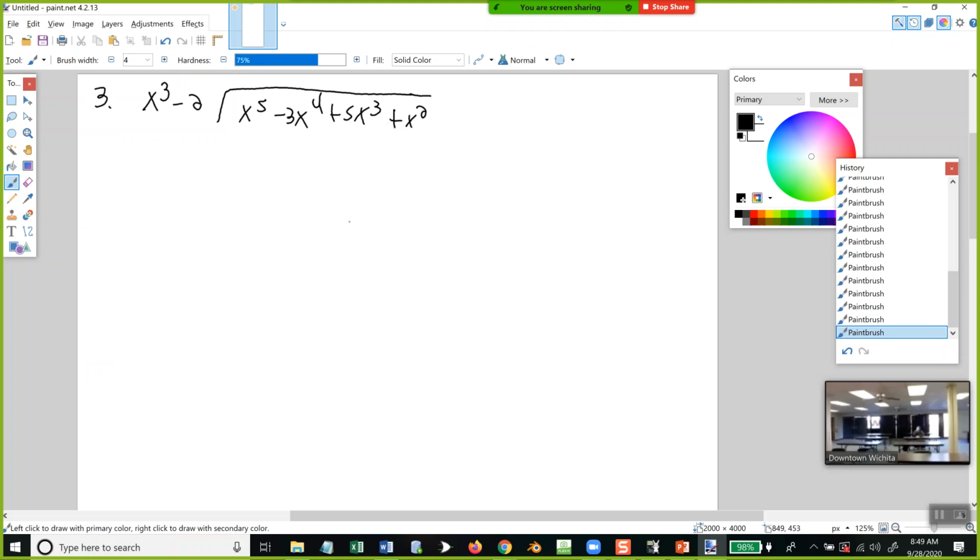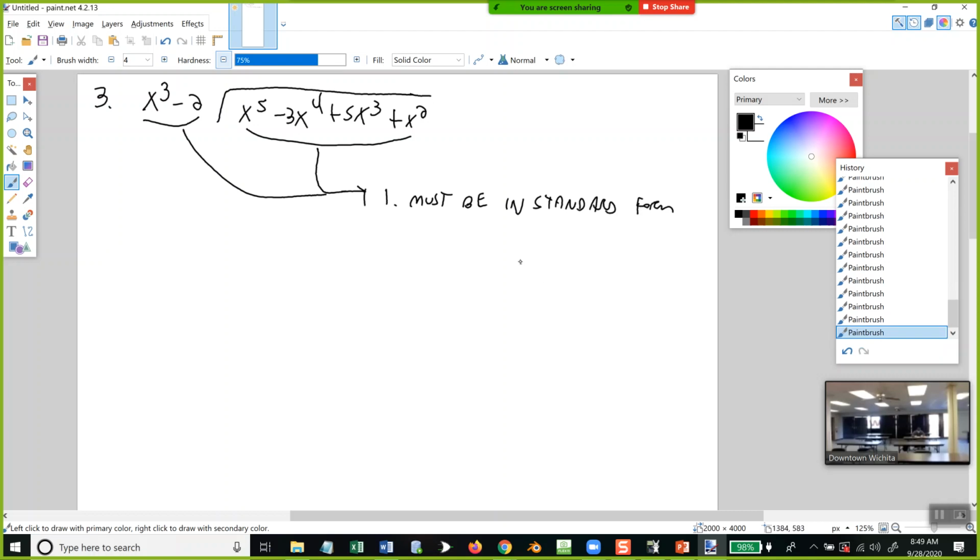Now, 2 things have to be true for you to use long division, polynomial division. First thing, it must be in standard form. Now, these 2 are in standard form, so we're good there.